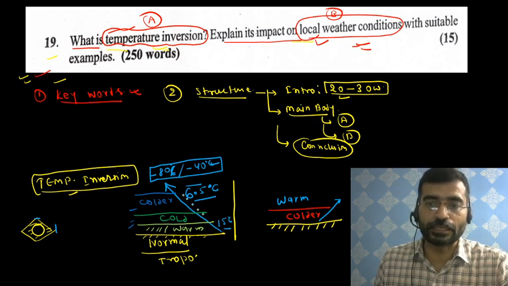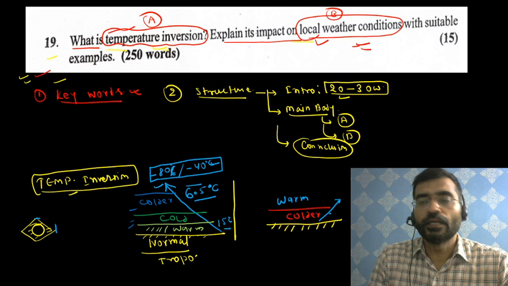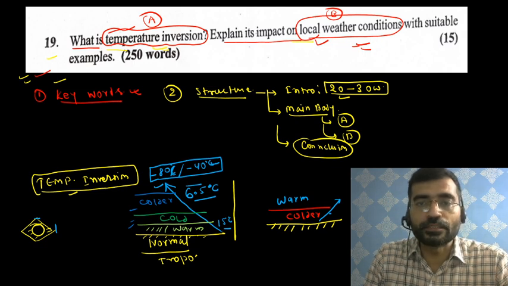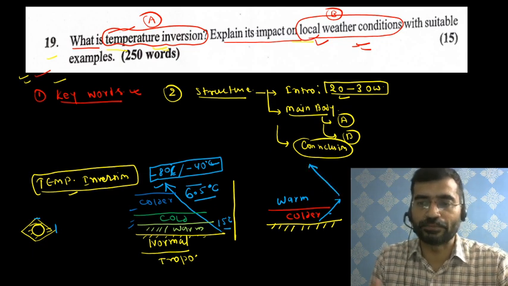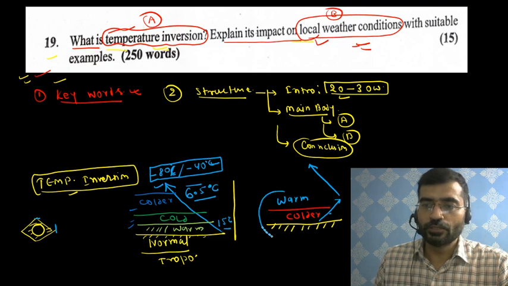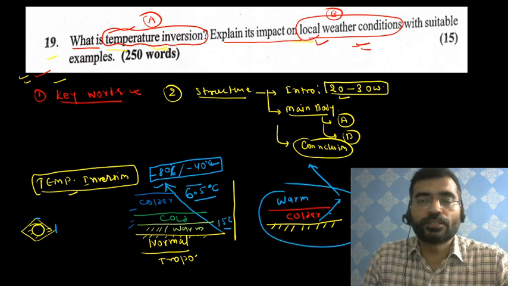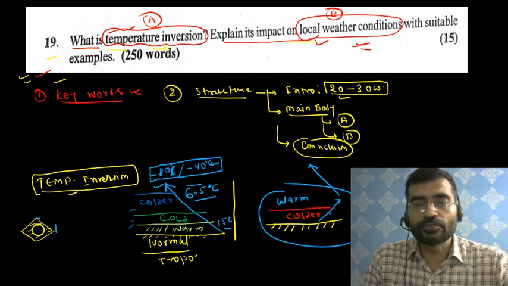You can see here temperature decreases with increasing height in the troposphere, but in the temperature inversion condition, temperature starts dropping with increasing height. However, after some height, it starts increasing again. So that is the behavior. At some height, you may find the temperature is increasing with increasing height.